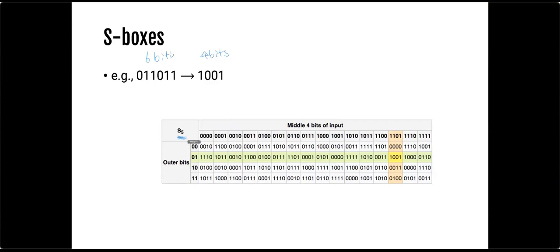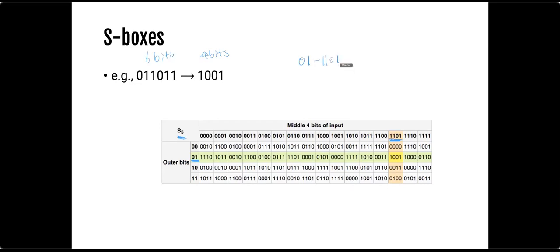And the way that you check the S-box is that you first check the first 2 bits, 0, 1, and then you check the last 4 bits, which in this case is 1, 1, 0, 1. So suppose that we're looking at this. Then we write this together. The 6-bit input is 0, 1, 1, 1, 0, 1.